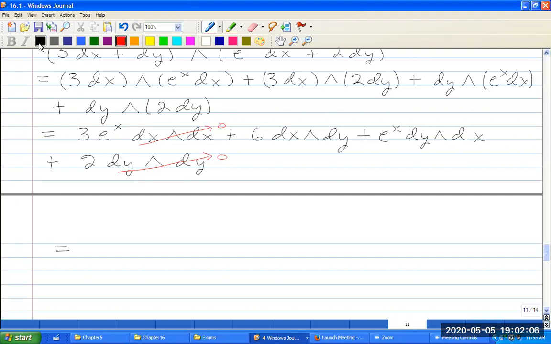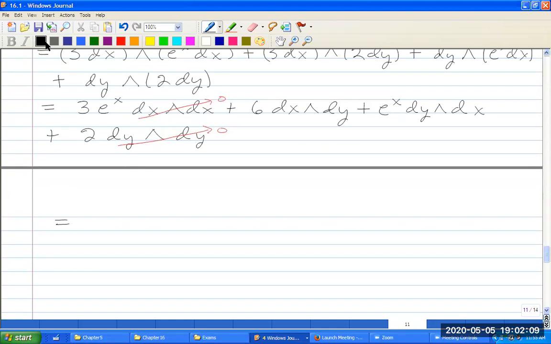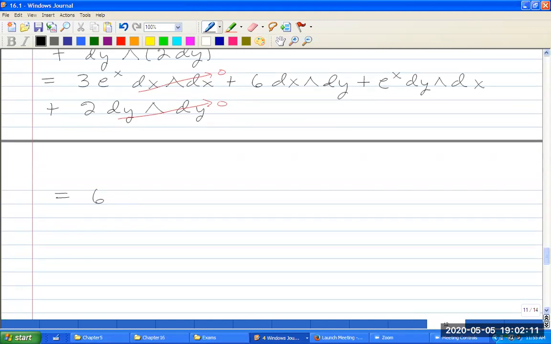Okay, so this is equal to 6 dx wedge dy, plus e to the x dy wedge dx.